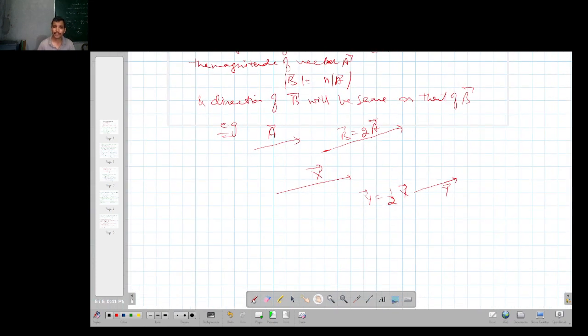Similarly, if we have a vector P and multiply it with minus 2, then this new vector Q will be like this. Its magnitude is double, but it is pointing in the opposite direction. So this is a way to look at it.